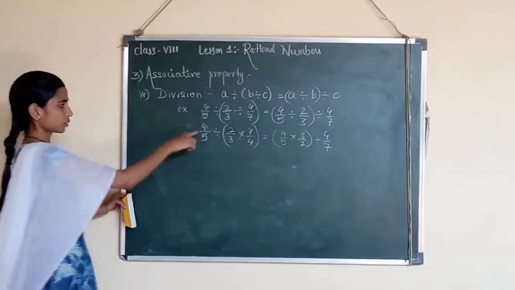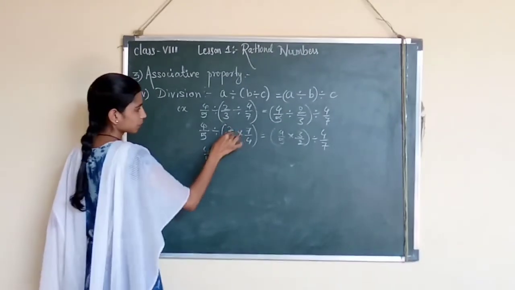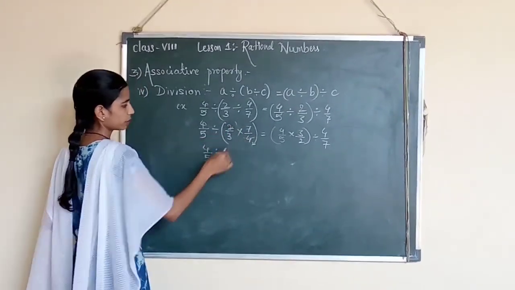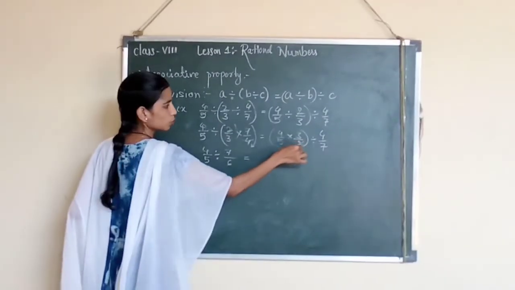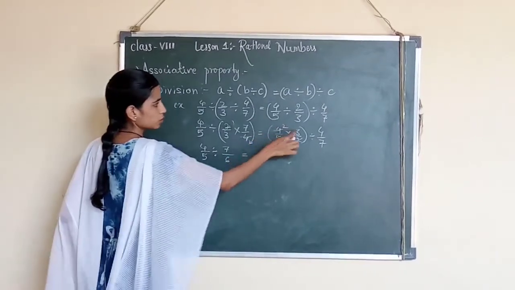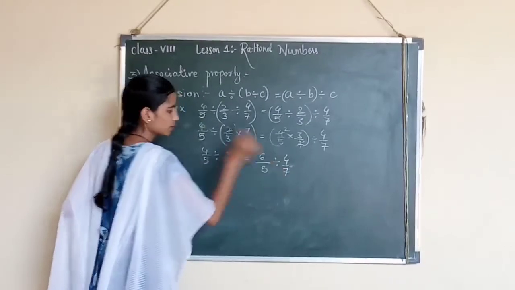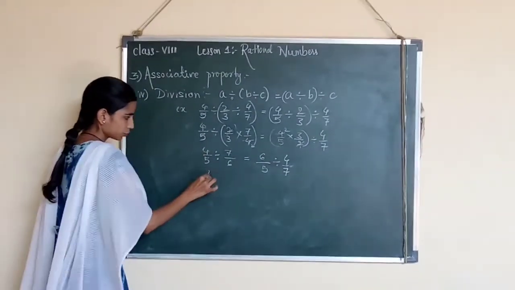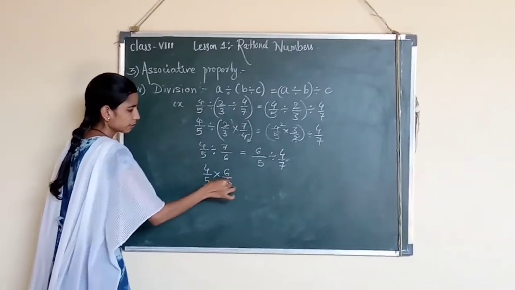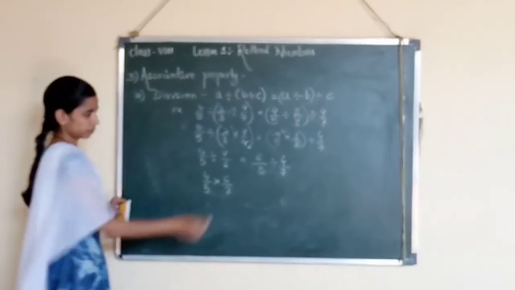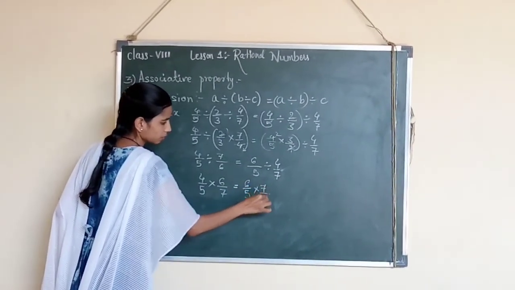Okay. Now 4/5 as it is. What about here? 2 1s are 2, 2 2s are 4. So 7 1s are 7, 3 2s are 6, is equal to 2 1s are 2, 2 2s are 4. Means 2 3s are 6, 5 1s are 5, divided by 4/7. Now 4/5, inverse operation of division will be multiplication. 7/6 will come 6/7, which is equal to 6/5 into 7/4.